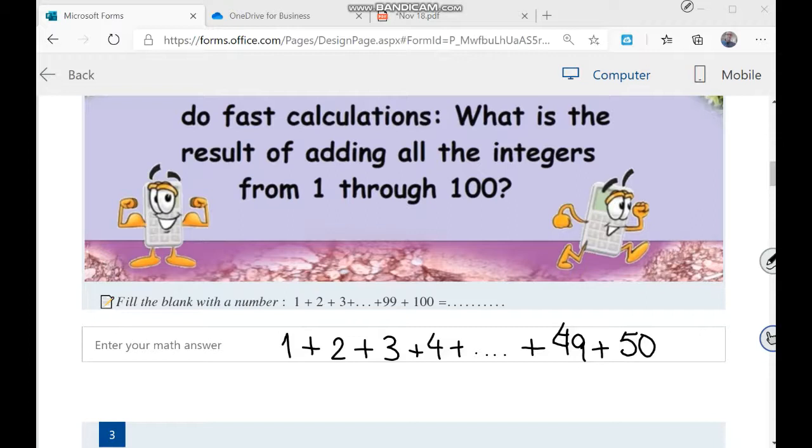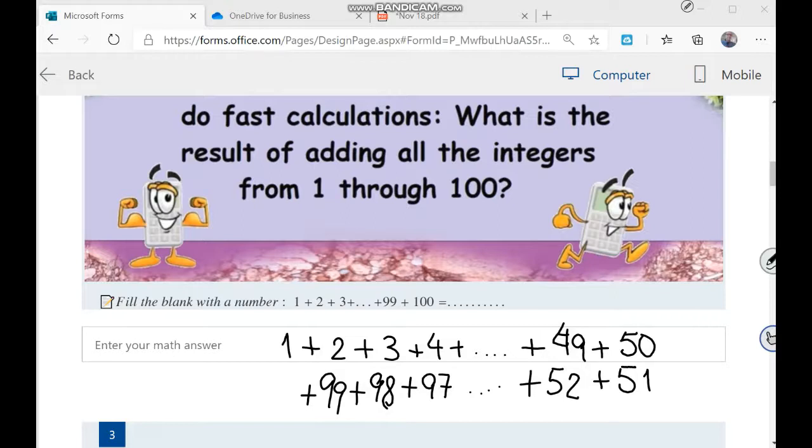The second half, you write down here on the bottom: 51 plus 52 plus 53 plus 54, and so on, 97 plus 98 plus 99 plus 100. Now we have all the numbers, right? The first half is on the top, the second on the bottom.